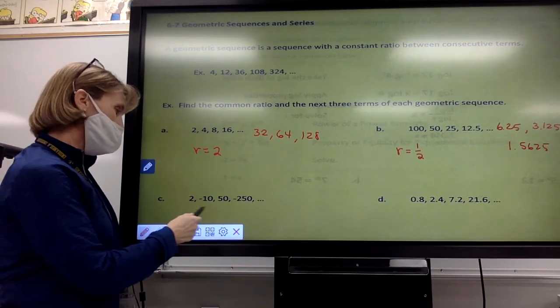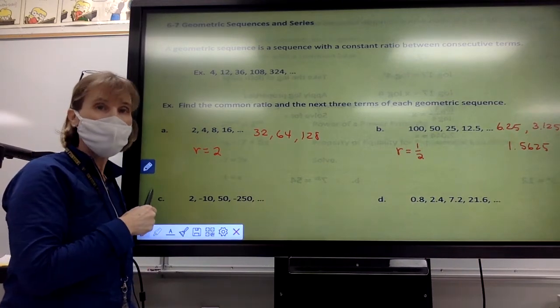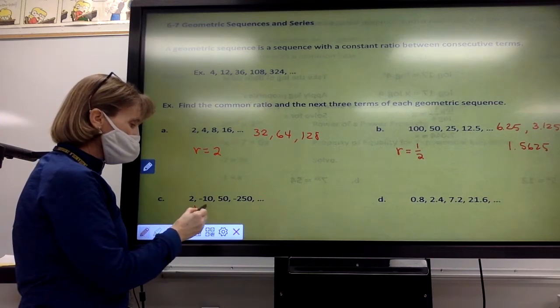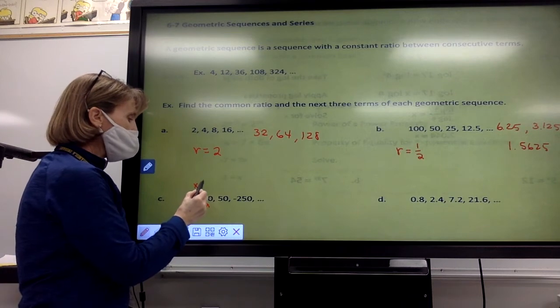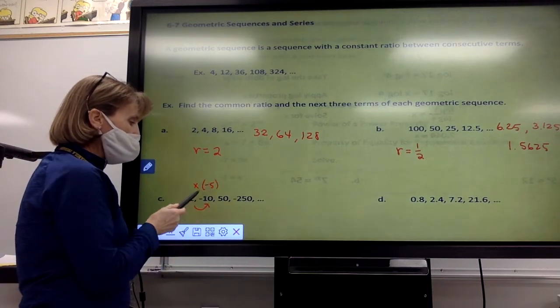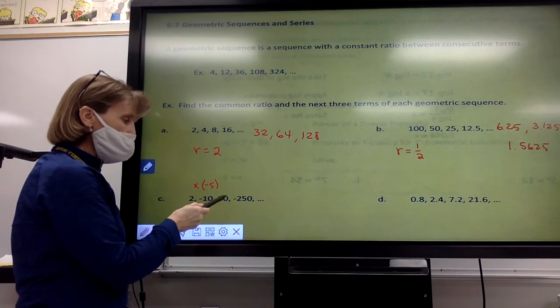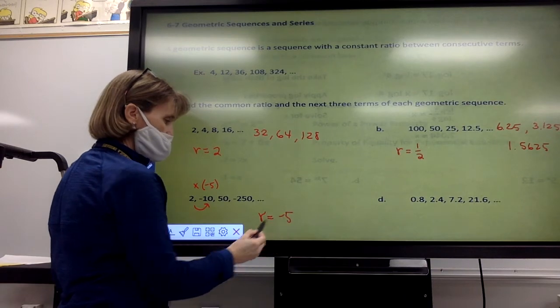Notice in letter C we have some positive and some negative numbers, and that can happen in a geometric sequence. How am I going from 2 to negative 10? Times negative 5. What happens when I multiply a negative times a negative? It becomes positive, that's why the 50 is positive. So the common ratio is negative 5.